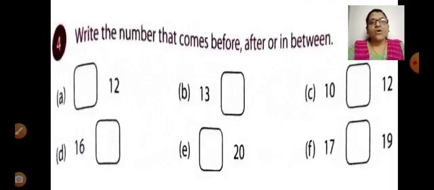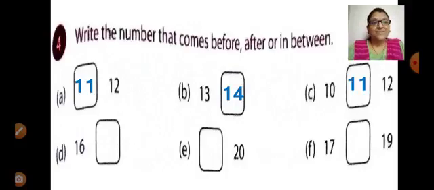Next, question number 4. Write the number that comes before, after or in between. Now here, A, dash 12. Number 11 comes before number 12. B, 13 dash. Number 14 comes after number 13. C, 10 dash 12.